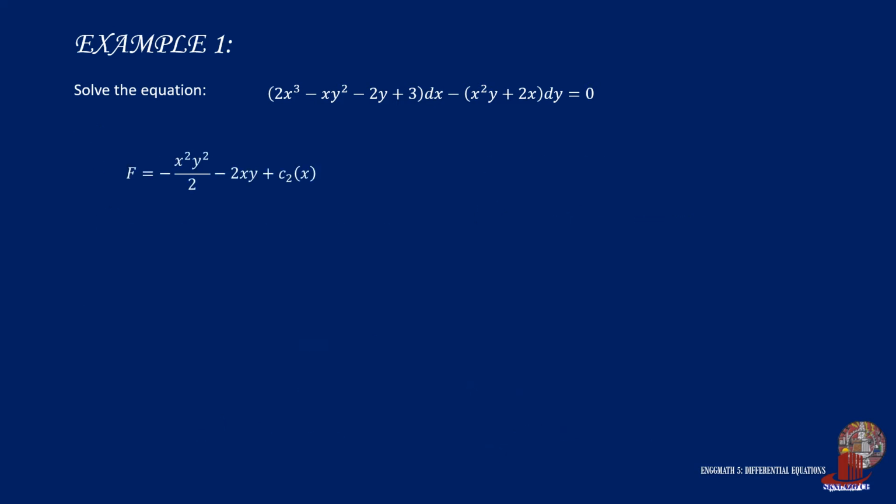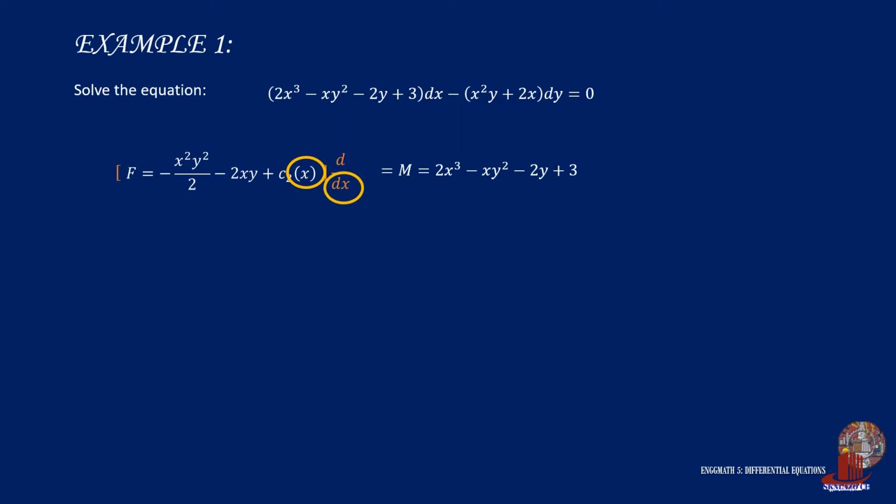If we derive the general solution of N with respect to x, this should be equal to M. How do we determine which variable the solution will be differentiated? It is shown from the constant. Take note that the variable is in terms of x, so we derive the N solution with respect to x.